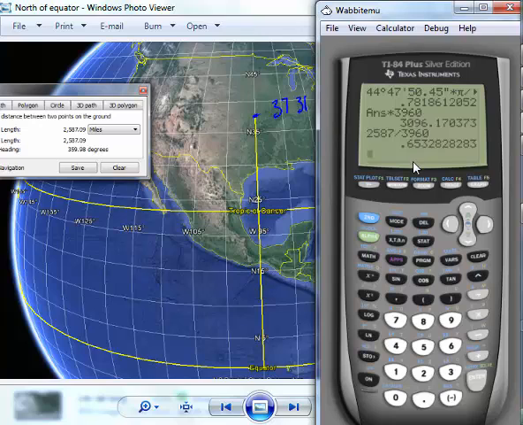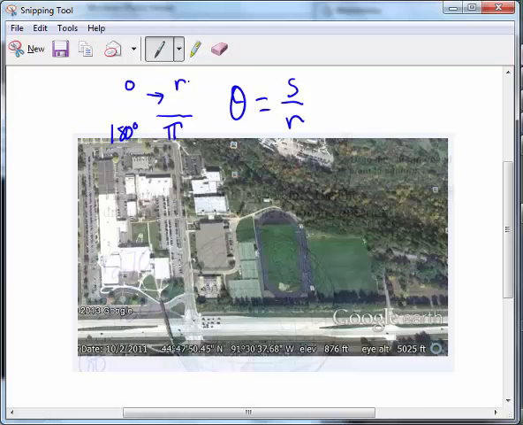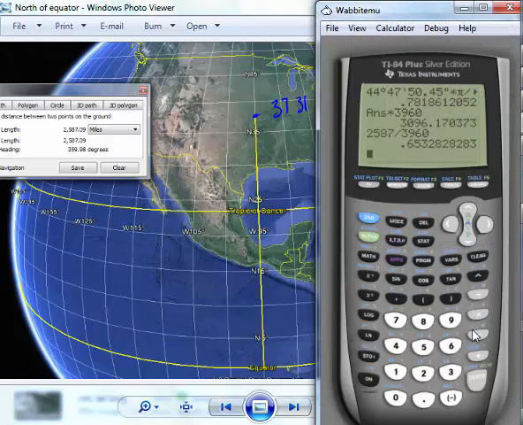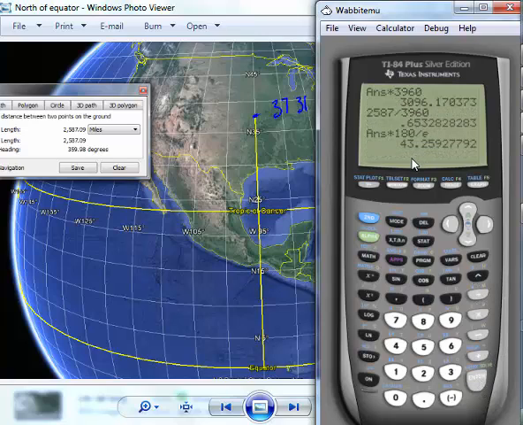So we get 0.6538328 radians. So we know how many radians there are. We have to multiply by 180 and divide by pi. So times 180 divided by pi, and we get 43.26 degrees north. I guess since we had 4 sig figs, we'd have 4 sig figs in our answer also.